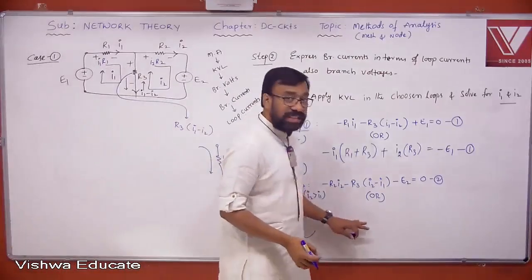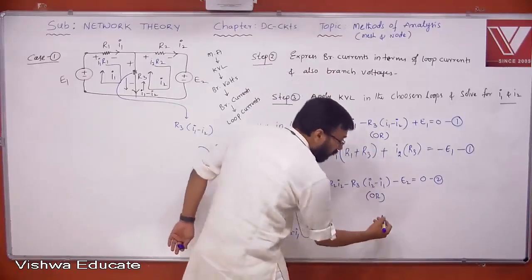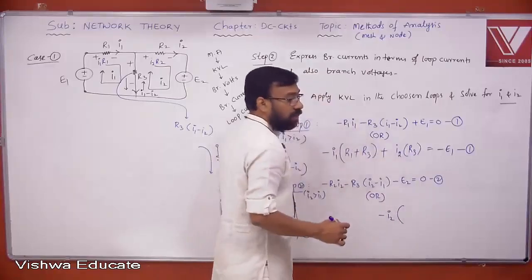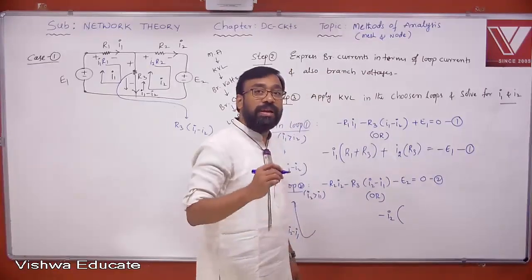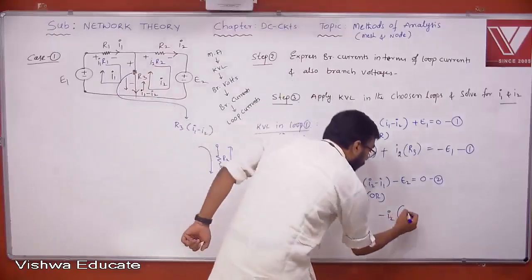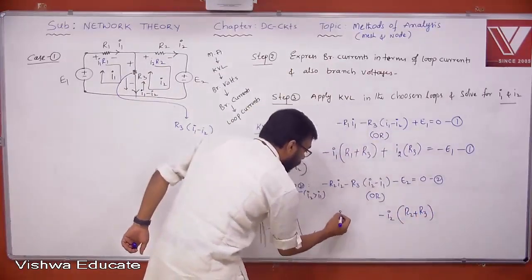Now, the second loop current. I think you can easily find the second equation now. What is the predefined sign? You want to place minus I2, because you are applying KVL in the second loop. Sum of the resistors in the second loop: R2 plus R3, and this is I1.